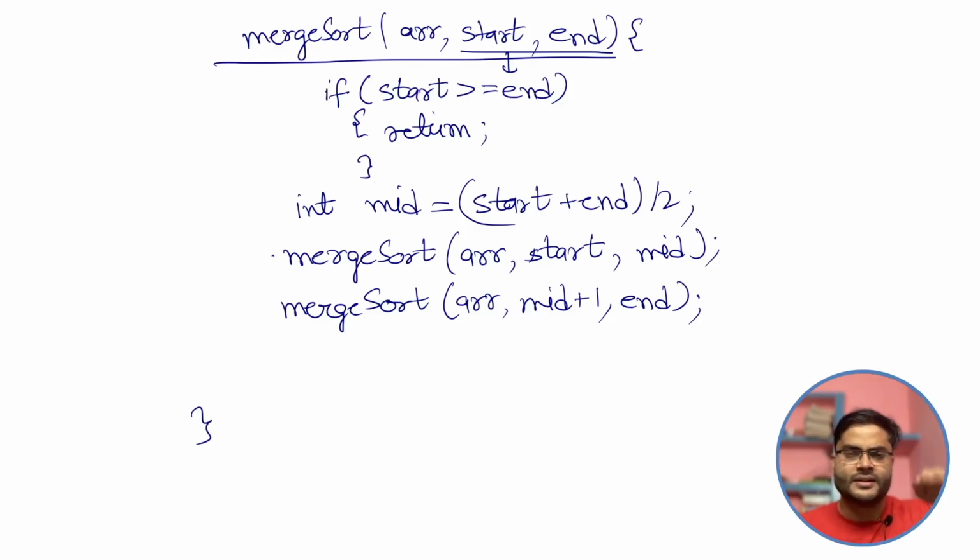Now we have our single elements, okay, so we need to compare these two and sort them. Okay, so let's say we have 3 and 1, so we will sort them and put them in our auxiliary array. So who will be responsible for it? We will call a merge algorithm.